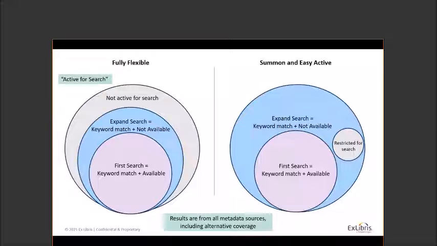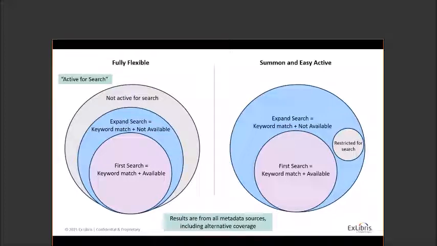After hitting expand, the circle will include, in addition to the pink circle, records that are not available for full text, as we've seen before. But still, of course, the results have to be relevant to the search.